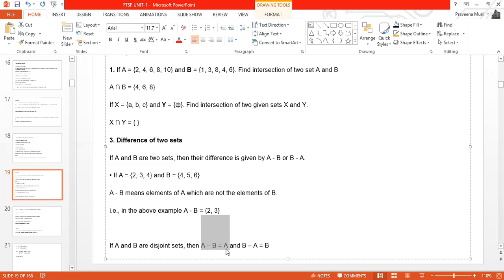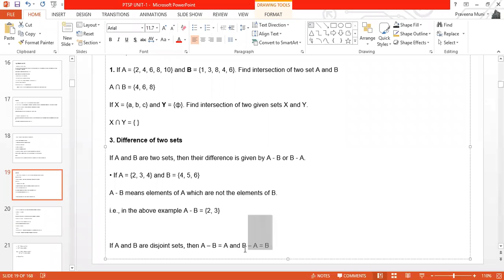No common elements. If A and B do not have any common elements, what is that called? Disjoint sets.